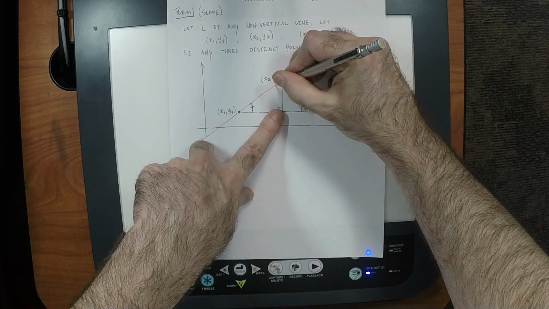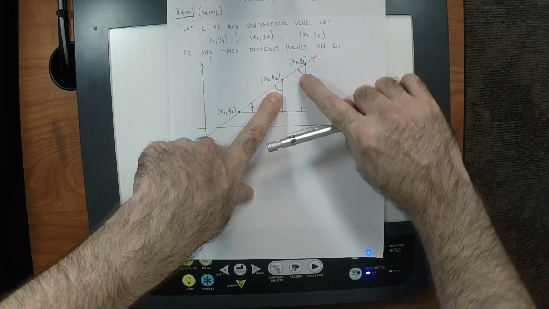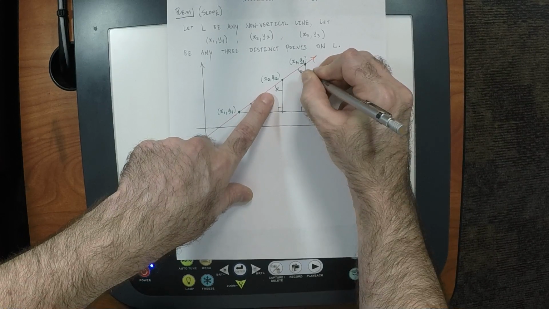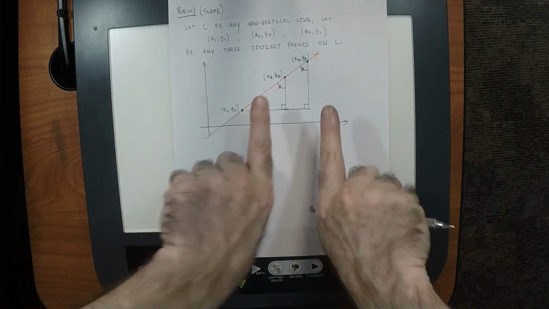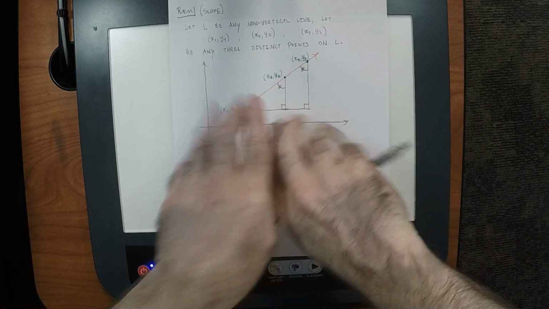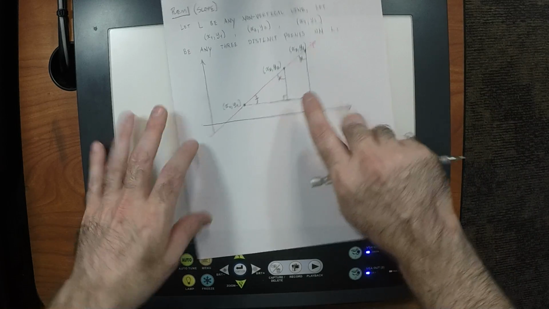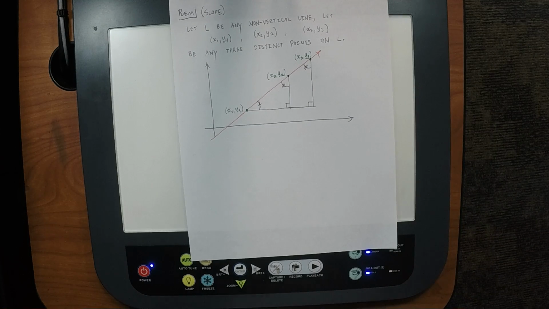So what does that mean about this angle and this angle? Those are also the same, right? So this has to be the same as this one. Alternatively, you can imagine that these 2 vertical lines are parallel, and here's another line cutting them. There's a geometry rule which says that those 2 have to be the same. So these triangles are not the same triangle, but nevertheless, they have the same angles.